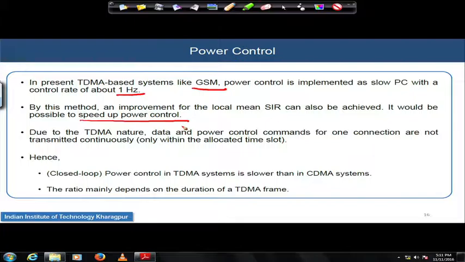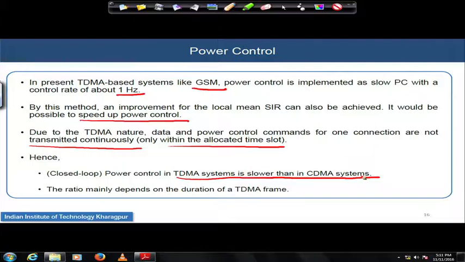Due to the TDMA nature, the data and the power control commands for one connection are not transmitted continuously, only within the allocated time slot you are allowed to go ahead. And so, the closed loop power control in the TDMA system is slower than in the CDMA system.